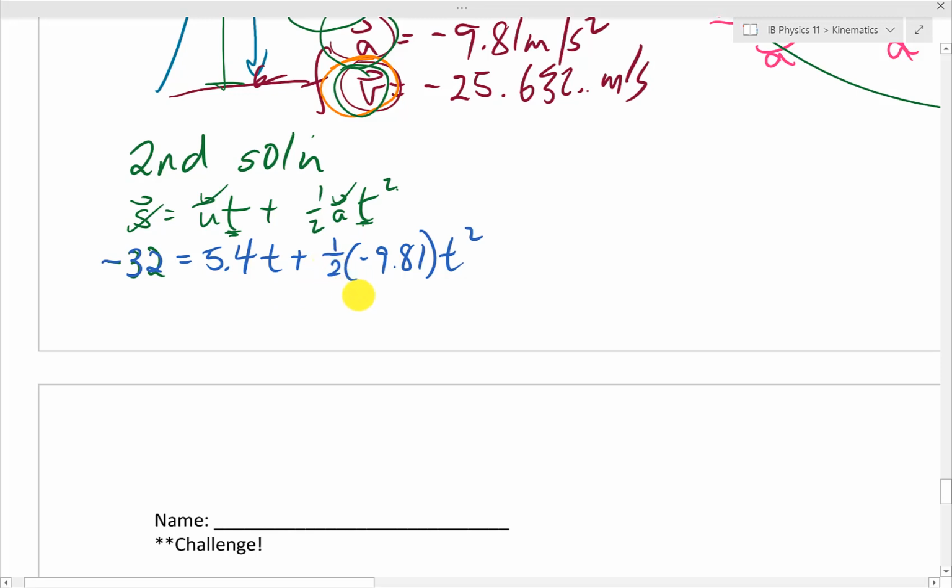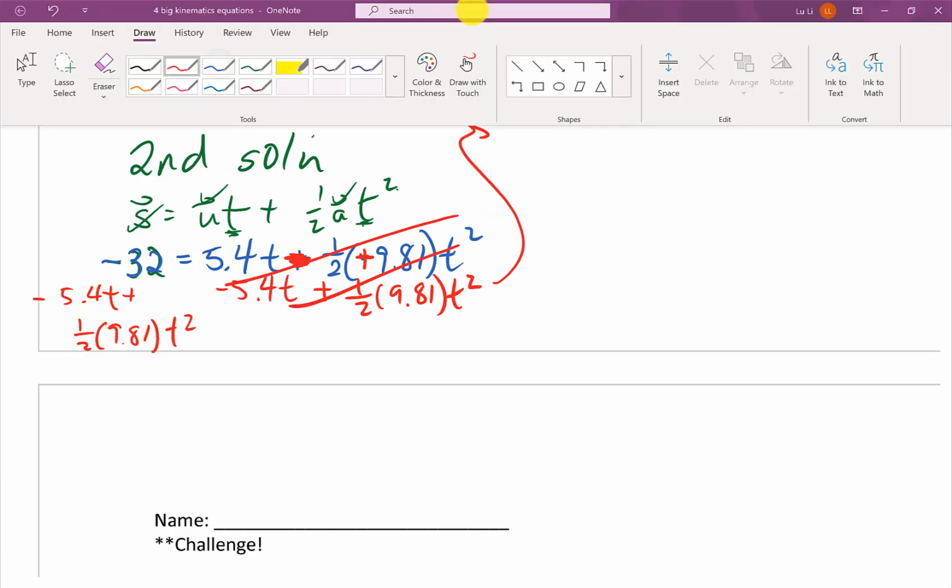So in fact, I'm going to need to subtract this. Because this is a negative term, I can make it a positive and subtract this term instead. It's the same thing, right? Add a negative, same as subtracting. So I'm going to also add this term to the other side of the equation.